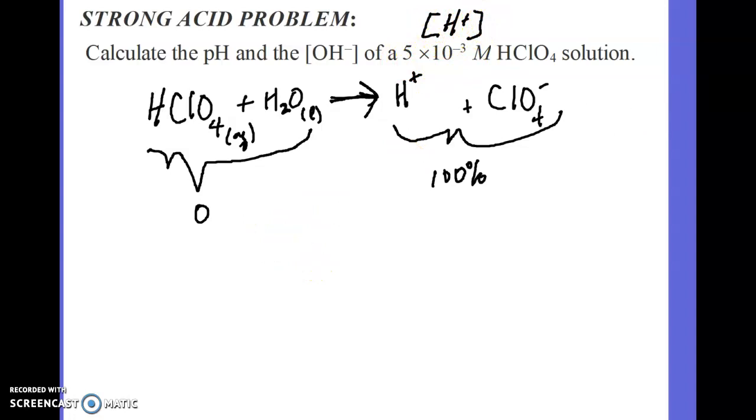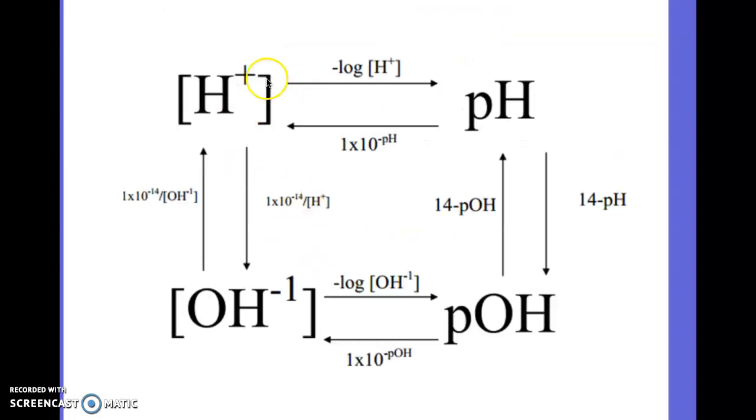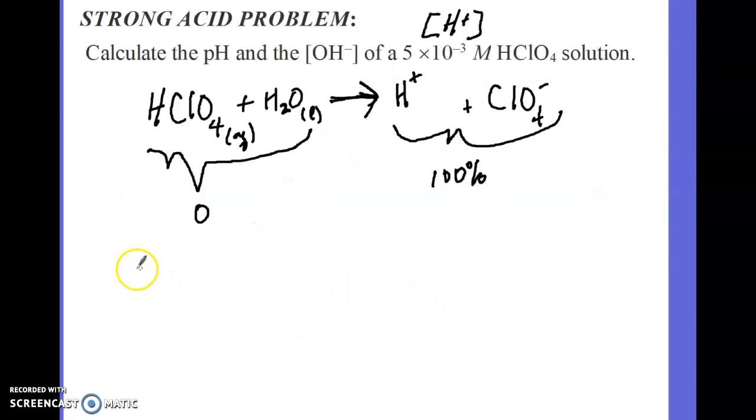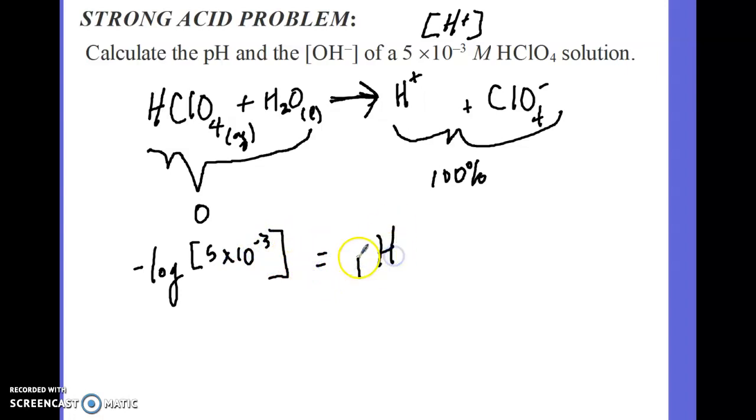And so if we look back at our map here, if we know the concentration of the hydronium, the H plus, we're going to take the minus log of that to get the pH. So we want to take the minus log of 5 times 10 to the negative third to give us our pH on the pH scale.